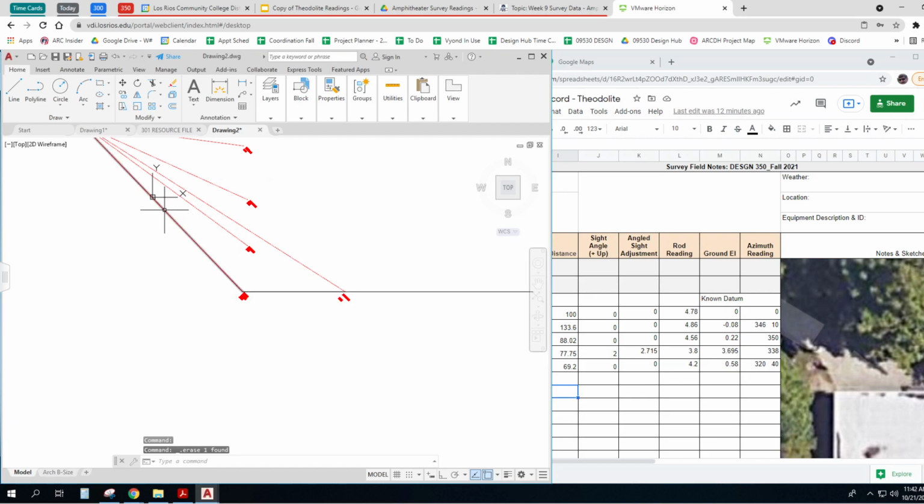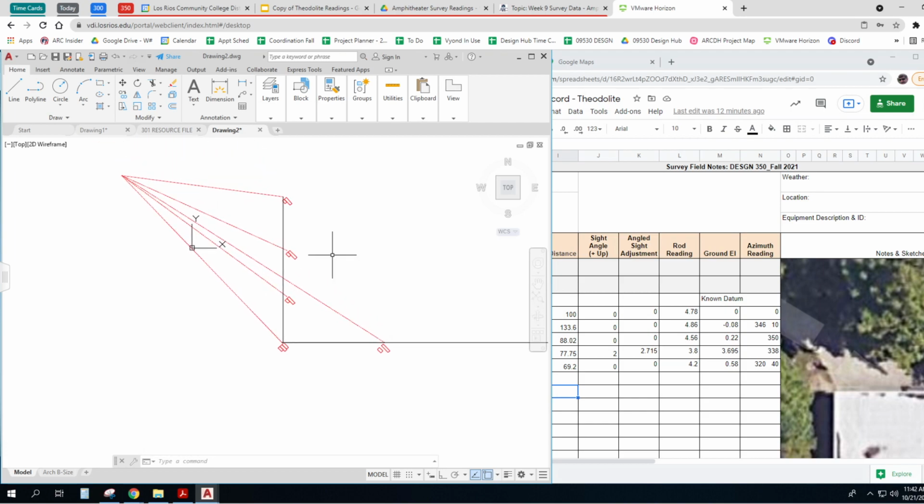Let me get rid of that one and see what happens when I draw. That looks pretty close to what I was trying to do. That's pretty cool. That was my attempt. I got some points that weren't quite in the right place, but it came pretty close.